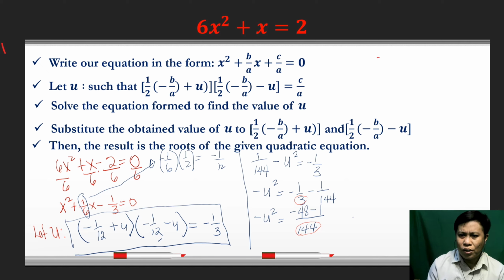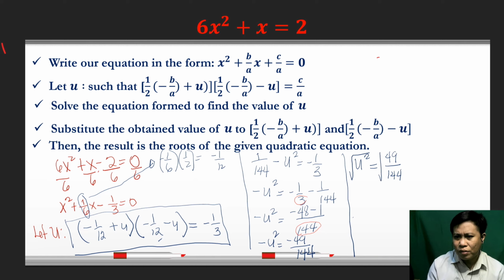Okay? So you have negative u squared equals negative 48 minus 1, which is negative 49 over 144. If you divide both sides by negative 1, you have u squared equals 49 over 144. So you get the square root of both sides of the equation. So u is positive or negative 7 over 12.